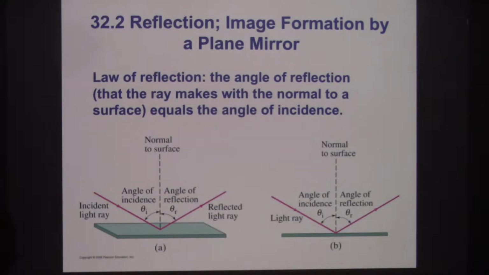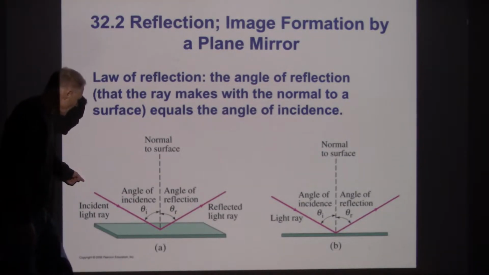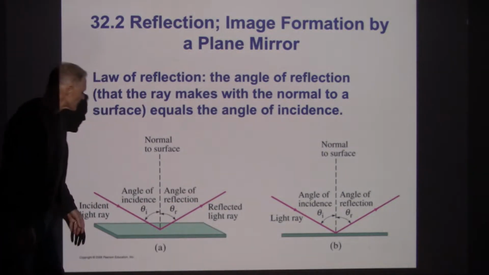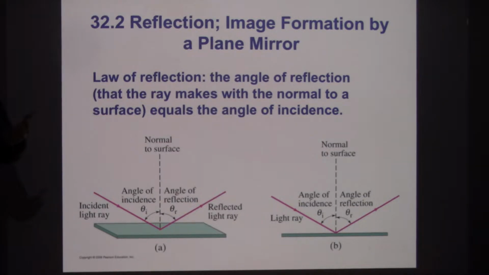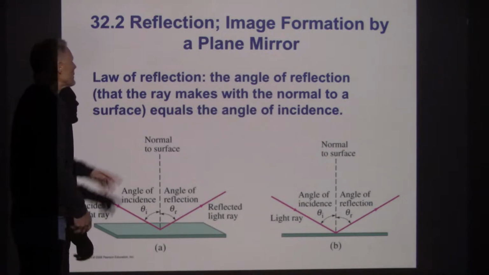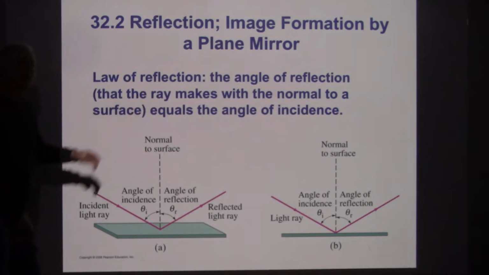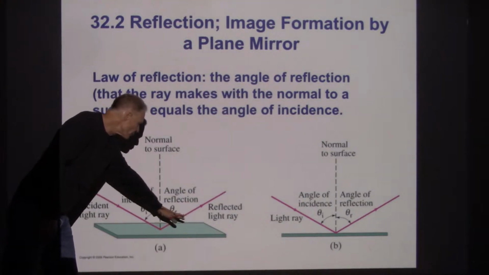Now when we have surfaces that are really smooth, what we find is that light coming in off that smooth reflective surface ends up preferentially reflecting off in one particular direction. And so what we say is that the angle of reflection equals the angle of incidence. So the picture we have here is this smooth surface.